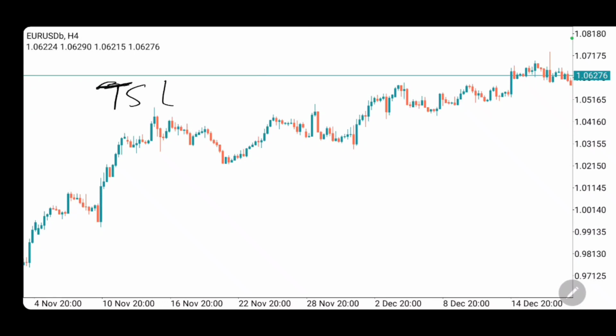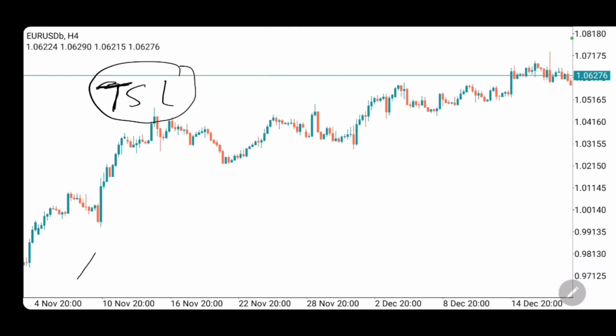Total soup long is a situation whereby the market is actually a buy scenario for a total soup. It's basically a false breakout below a demand zone where sell liquidity is resting.